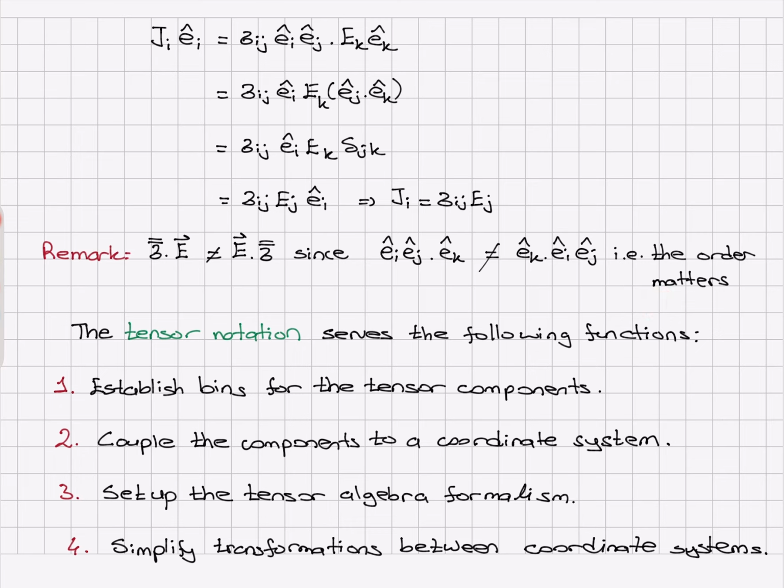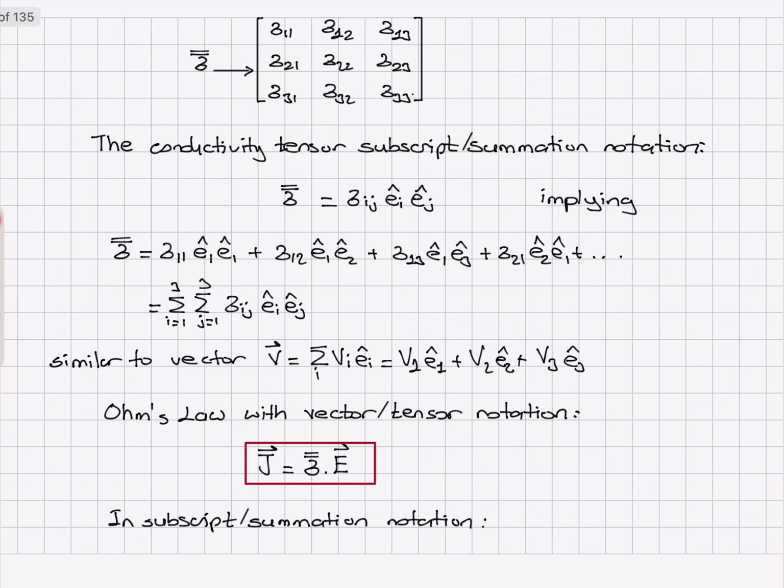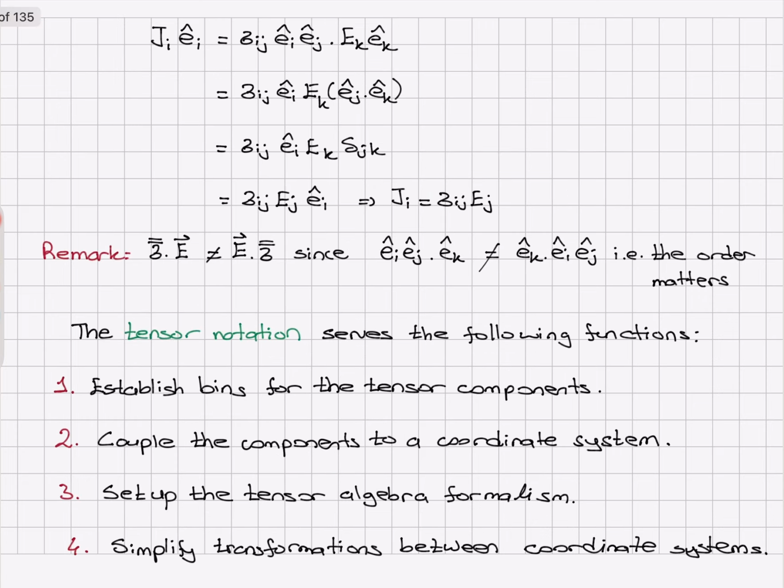And the way I have written ei hat ej hat, this is not an operation between these two unit vectors. It establishes the bins for tensor components. It couples the components to a coordinate system. The tensor algebra formalism can be set up with this new notation, and as we will see, it simplifies transformations between coordinate systems.